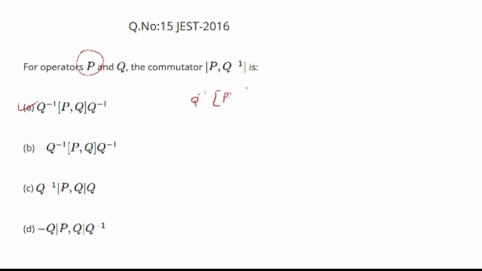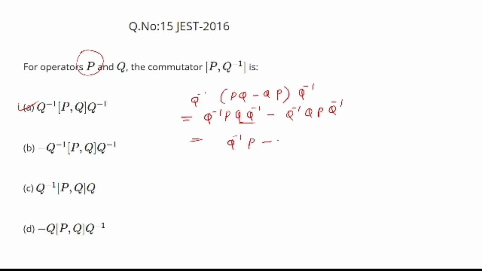So the commutator of p and q is pq minus qp, and multiplying by q inverse: q inverse p q q inverse minus q inverse q p q inverse. It gives one, basically the identity matrix, so q inverse p minus p q inverse.